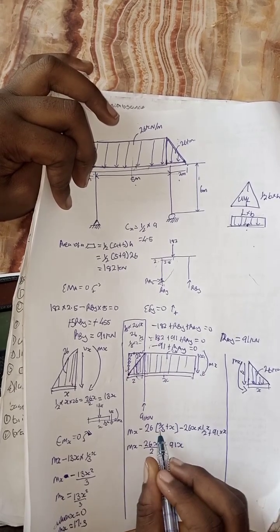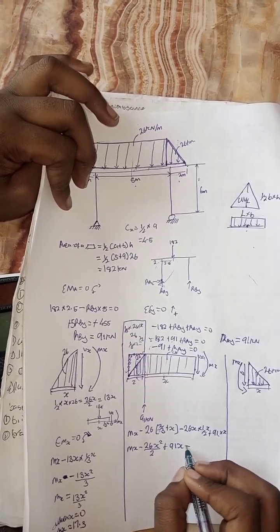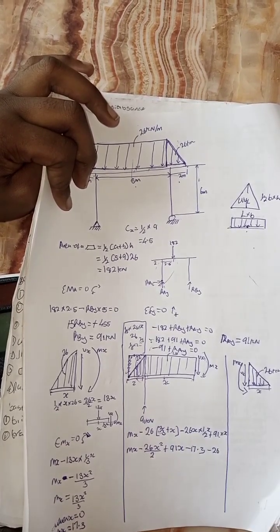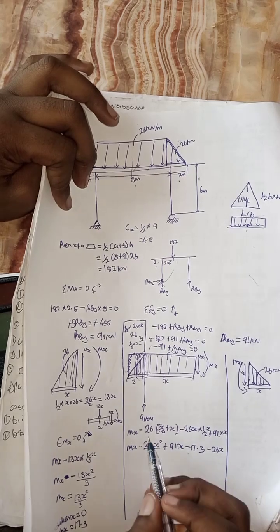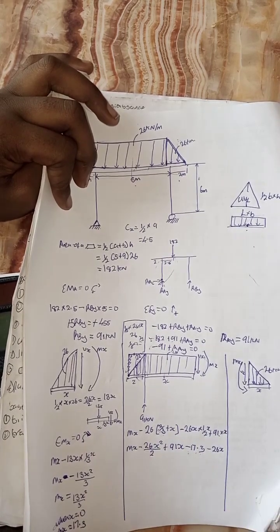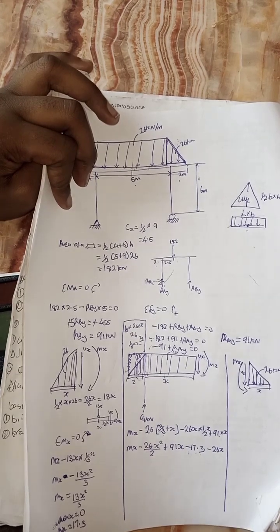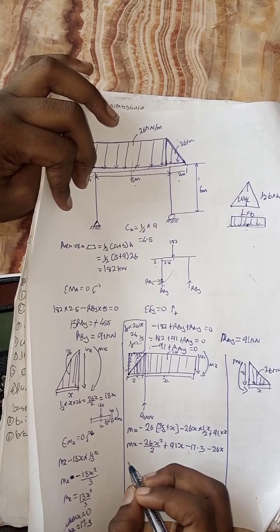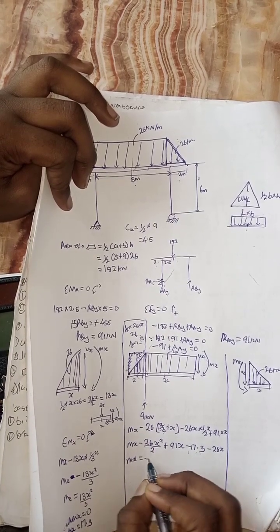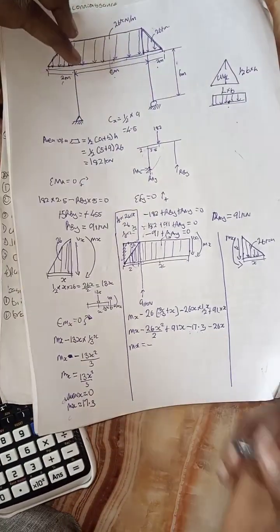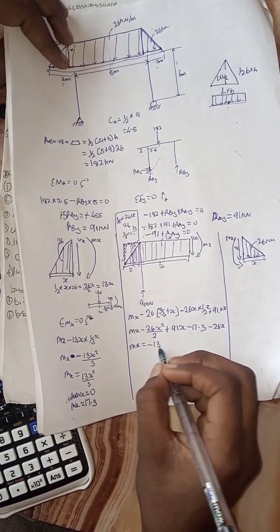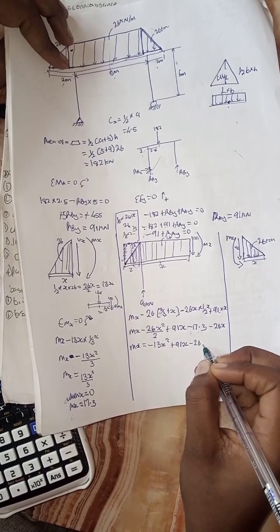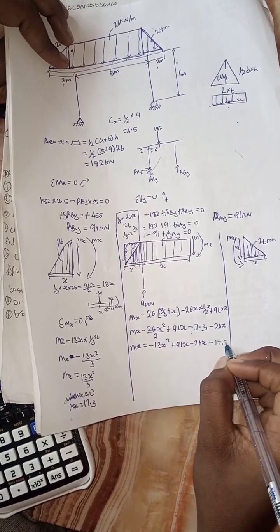Coming to this one now, this should be minus 17.3, since 26 times 2 over 3 is 17.3, and minus 26x. So we'll quickly arrange it: Mx is equal to minus 13x squared plus 91x minus 26x minus 17.3, right?